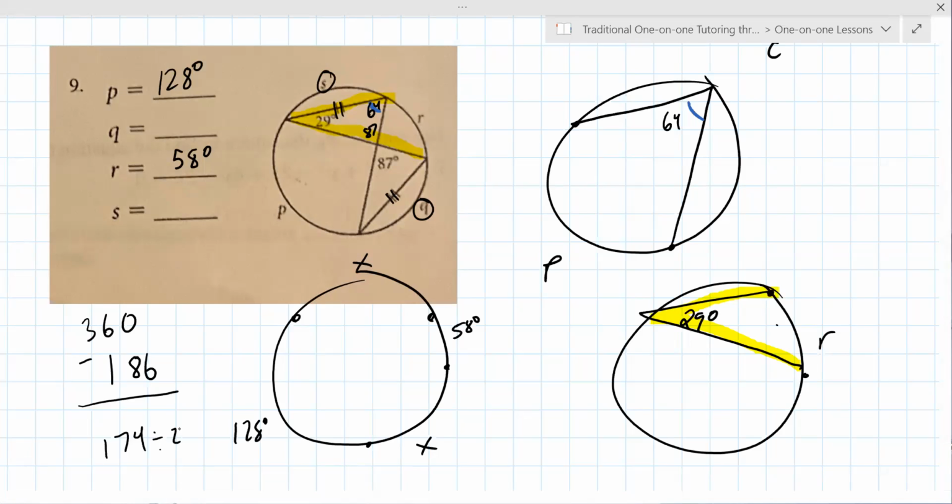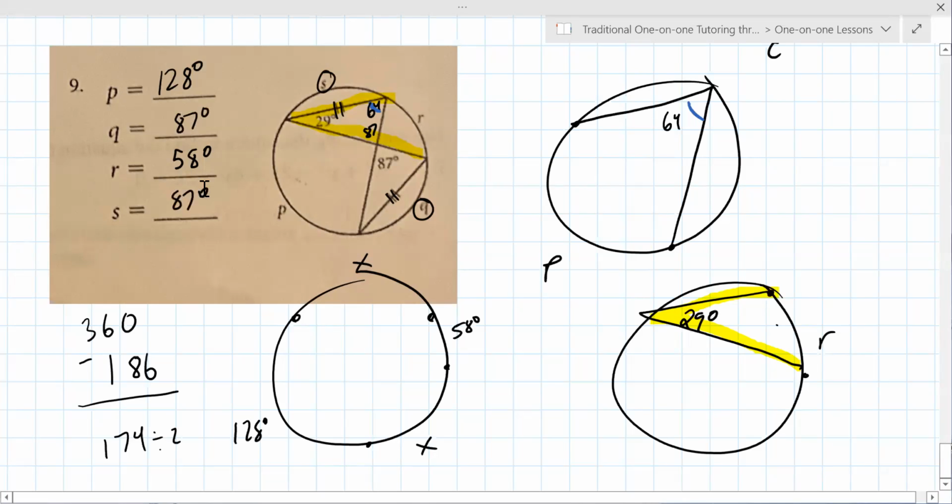What am I doing wrong here? It should be like 87. Yeah, 87. And there is some relationship to that. I don't really remember what that is. I think it's because these two are the same, but that's another theorem you'll get later.